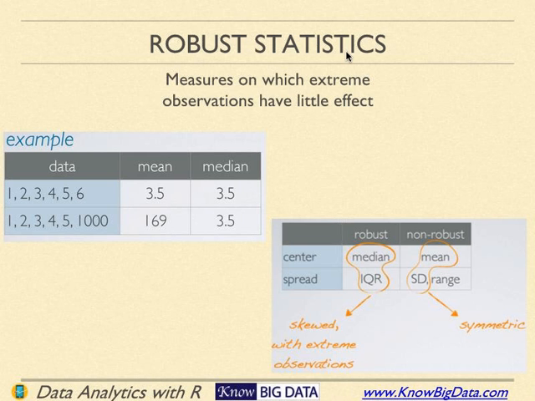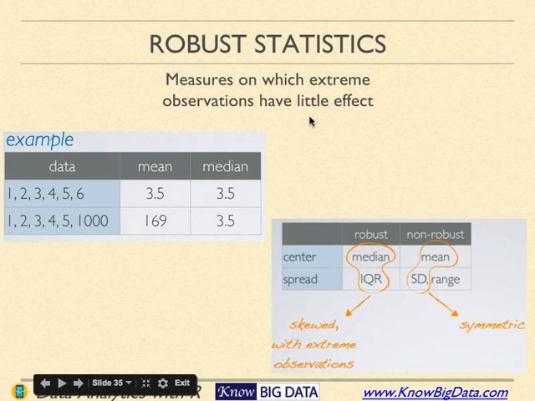Non-robust means these things will suddenly change if a new value lies at an extreme. So standard deviation and mean are non-robust. Now the example is given here.